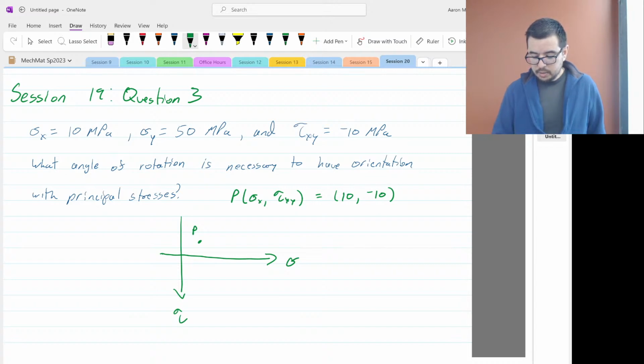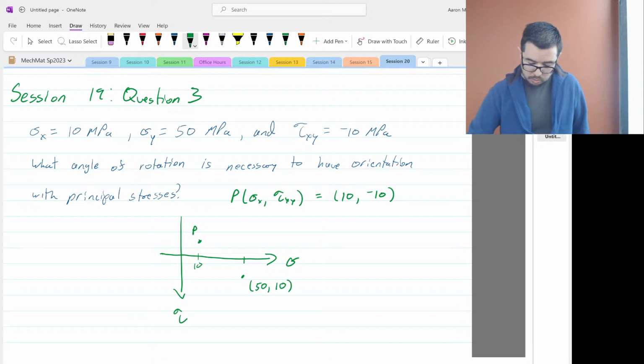Y is 50, so this is 10 here. We also need to go down a minus tau. So this one down here is going to be 50, and minus 10, so it's going to be 10.